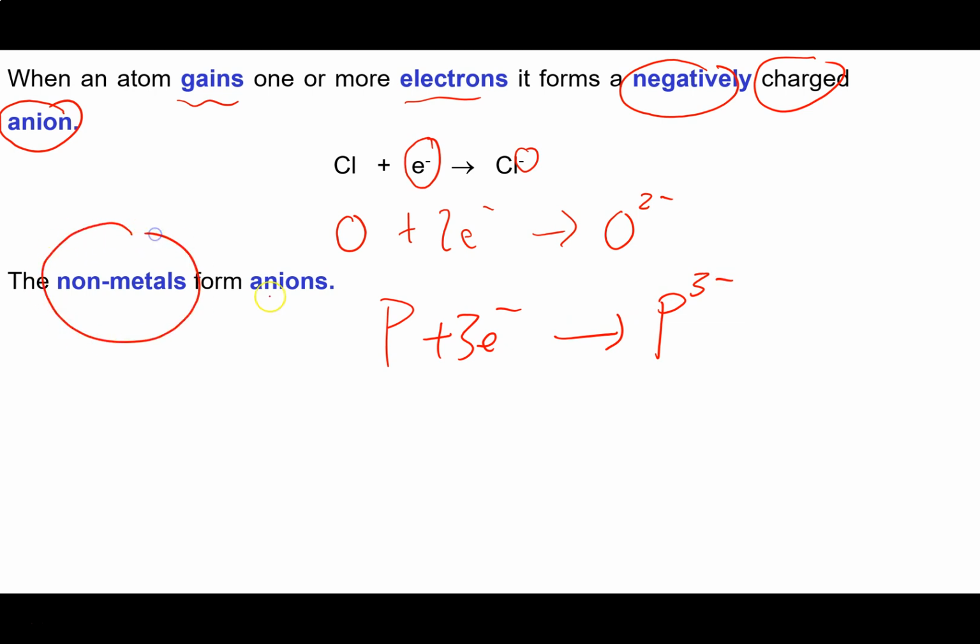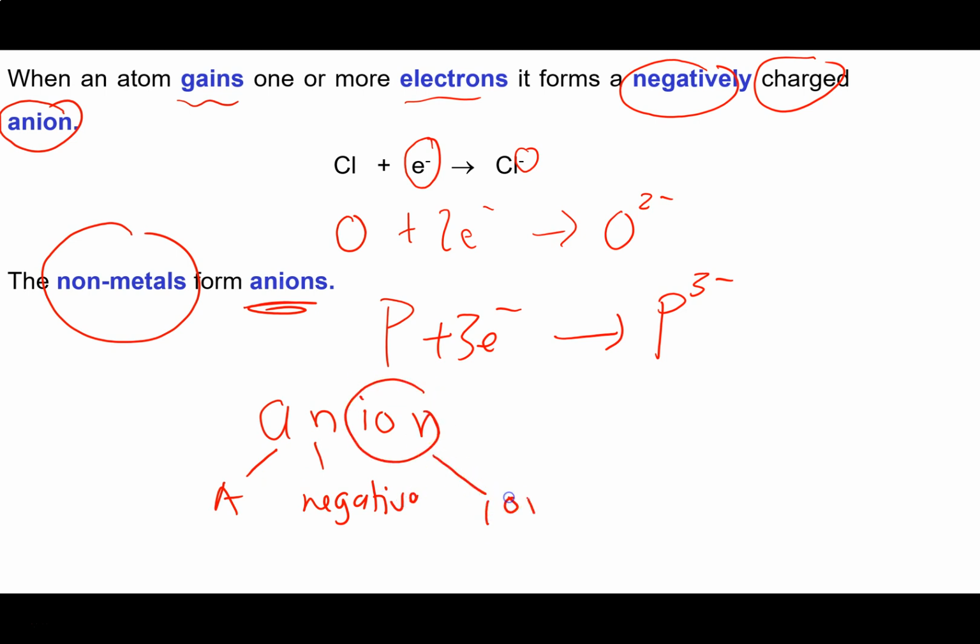And the non-metals love to form anions. You can remember anion: A Negative ION is an anion. It's not as much fun as positive cations.